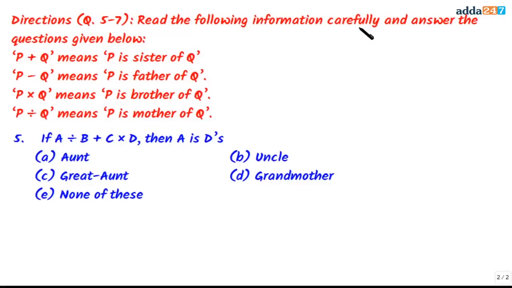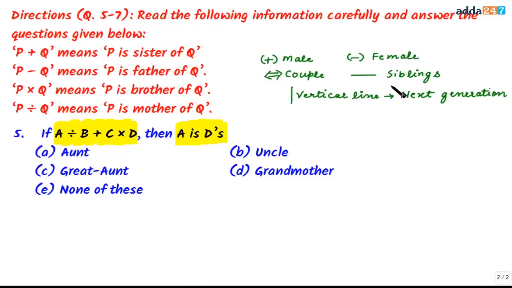Read the following information carefully and answer the questions given below. So these are the informations which are given, and here we have formed a relation, and what we have to find is how does A belong to D. Once again, making a diagram from these symbols, A divided by B means A is the mother of B. B plus C means B is the sister of C. So that means if B is the sister, then B is definitely female.